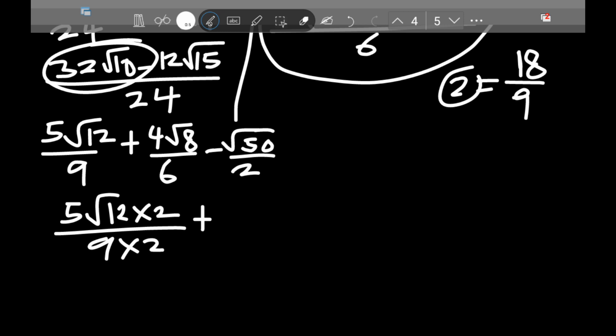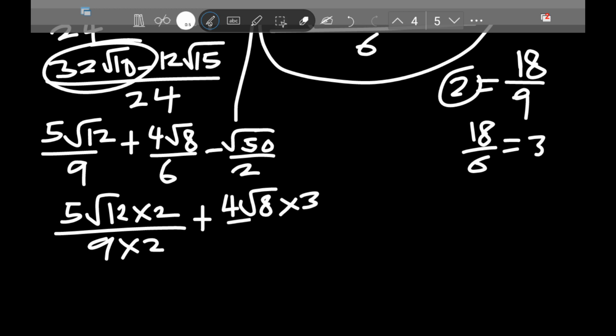Then again, you want to divide your 18 by 6, the second denominator. So 18 divided by 6 is 3. So 3, multiply it by the second fraction. So you should get 4 root 8 times 3 over 6 times 3 minus 18 again.